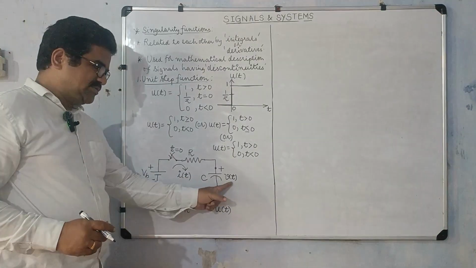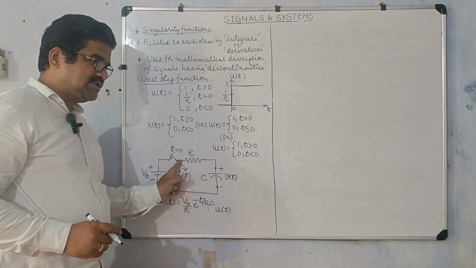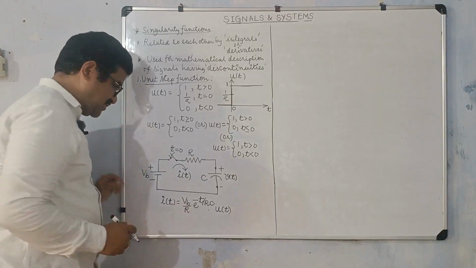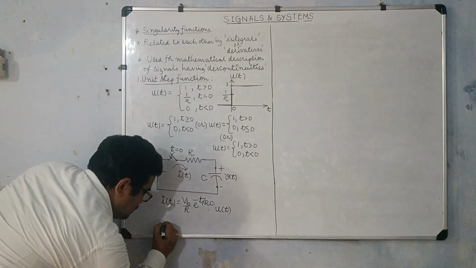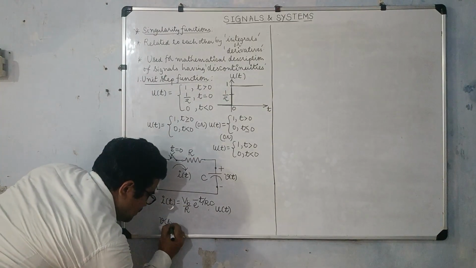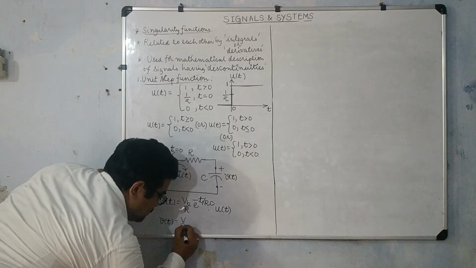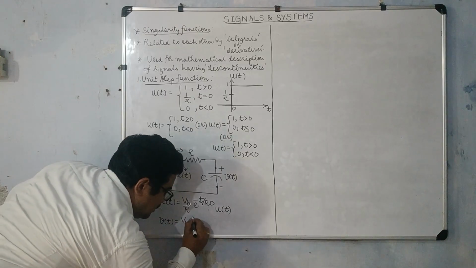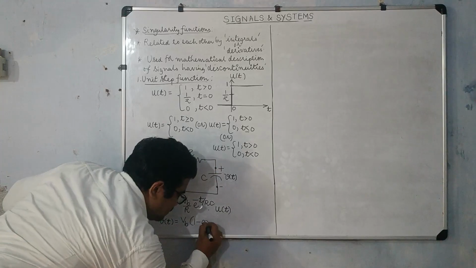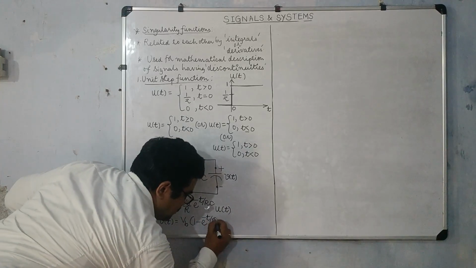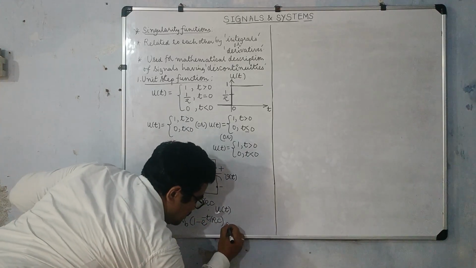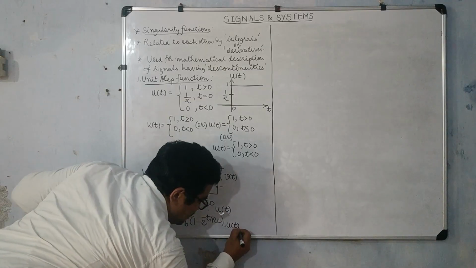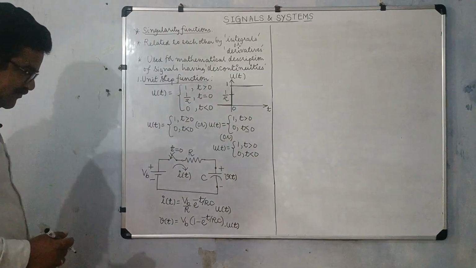Because as the voltage builds up across the capacitor, the voltage across the resistor decreases, so the current keeps on decreasing. And the voltage across the capacitor keeps on increasing exponentially, which is given by VB into 1 minus e power minus t by RC, and it also starts at t equal to 0. So I can multiply it with u of t.